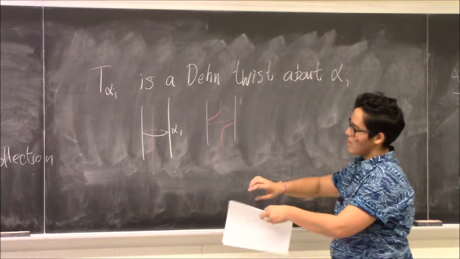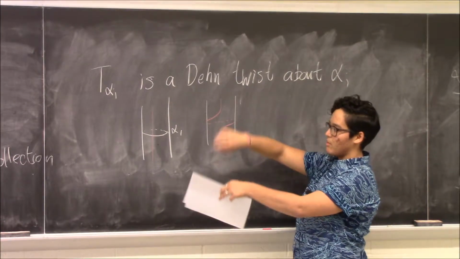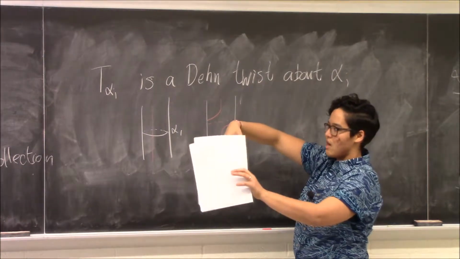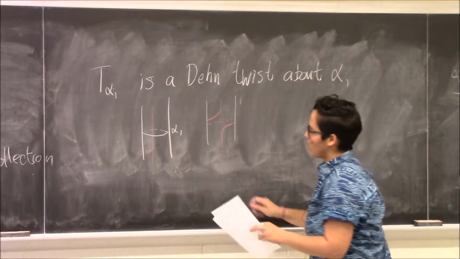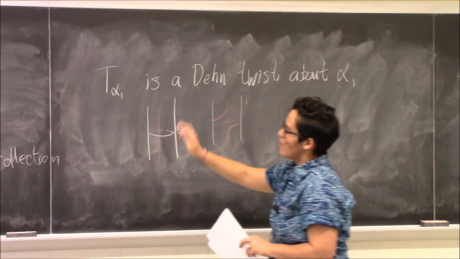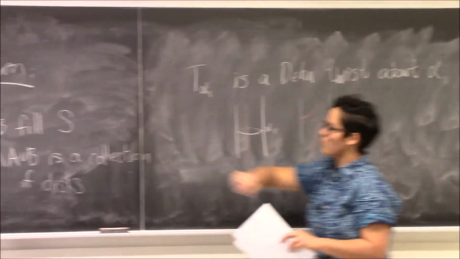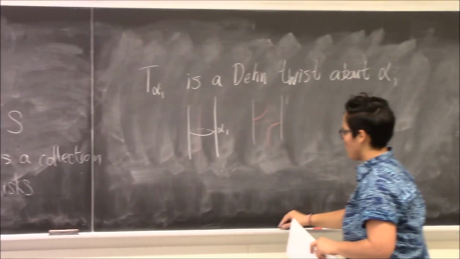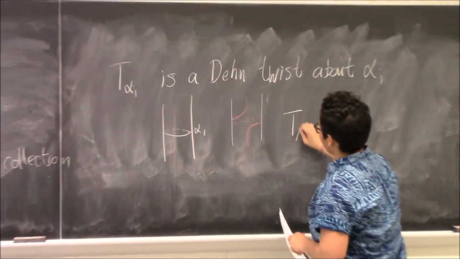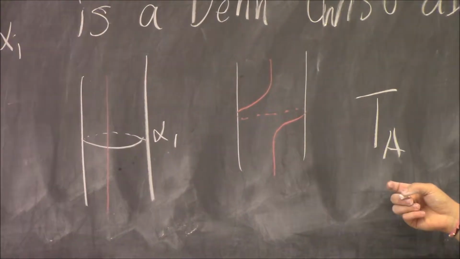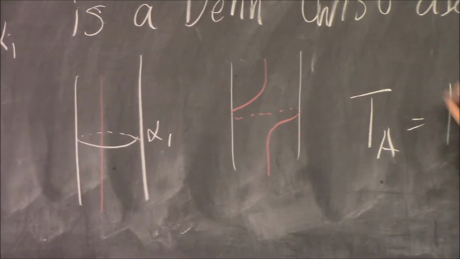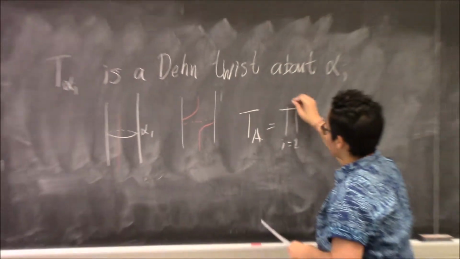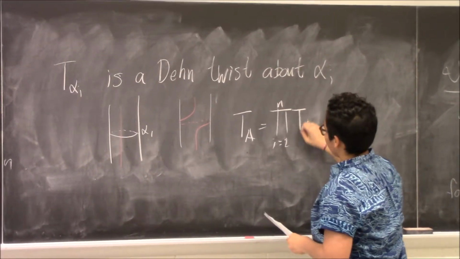What we're doing by Dehn twisting is we cut along that simple closed curve, twist our surface around, and glue it back together. We're going to be talking about a Dehn twist about these collections of curves, and we'll define it in the most natural way possible, where our Dehn twist, usually called a multi-twist, but I usually call it just a Dehn twist, is just the product of the Dehn twists about the individual curves.